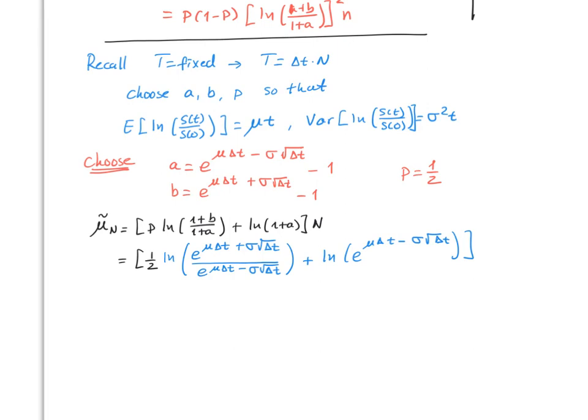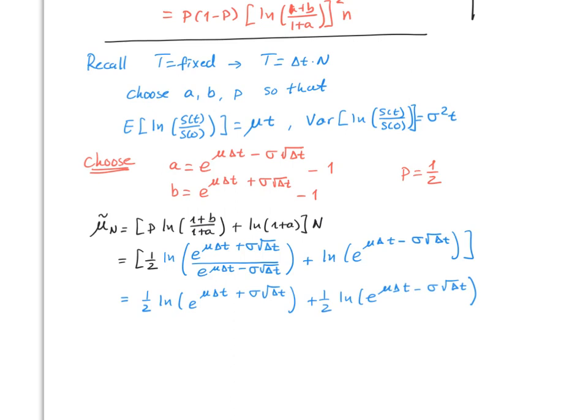Then if we simplify this, you just have to be very careful with the algebra. This is the same thing as 1/2 ln of (e to the mu delta t plus sigma the square root of delta t) plus 1/2 ln of (e to the mu delta t minus sigma the square root of delta t). How do we get this part?